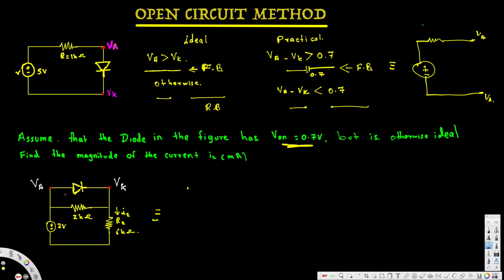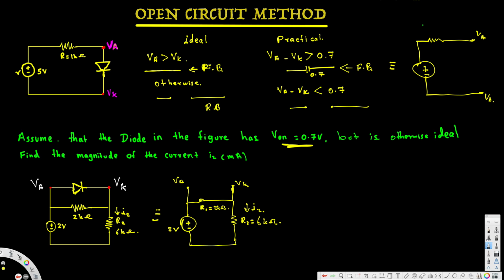Now let's try this problem. We remove this diode, and the open circuit is going to look like this. This is VA, this is VK, and here we have a voltage source of 2 volts, and a resistance R2 equal to 6 kilo ohm, and let's call this R1, 2 kilo ohm, and I2 is flowing through it.